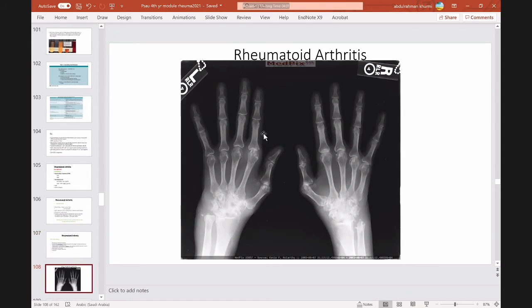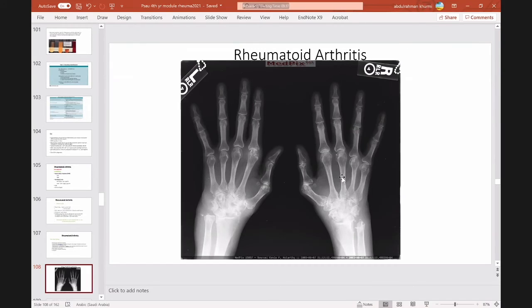You can see here clearly that there is periarticular osteopenia. This black discoloration here means osteopenia. You can see here clearly the joint space is not intact, and you might see mild erosion here, periarticular. Clear, guys? And a small space between the joint.